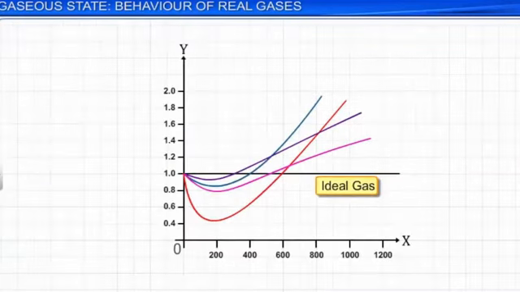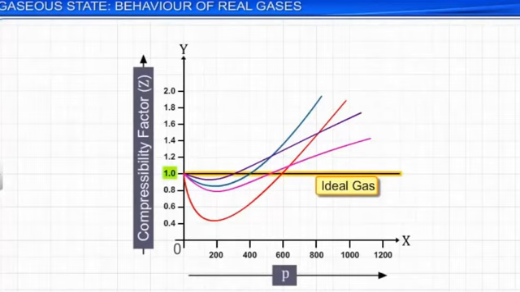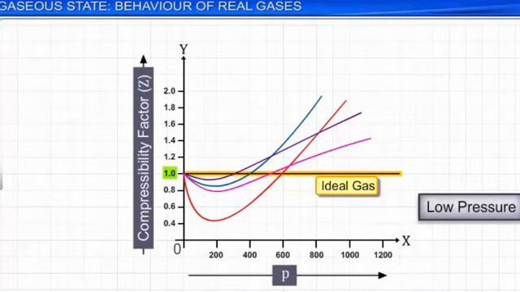By plotting a graph of compressibility factor against pressure, we get a straight line parallel to the x-axis at very low pressure. We find that at very low pressure, all gases have compressibility factor approximately equal to 1 and behave like an ideal gas.